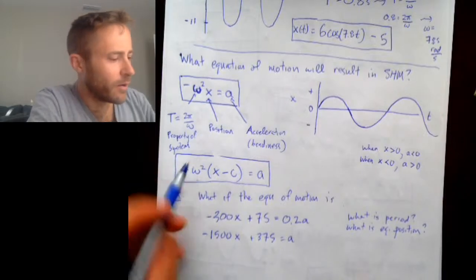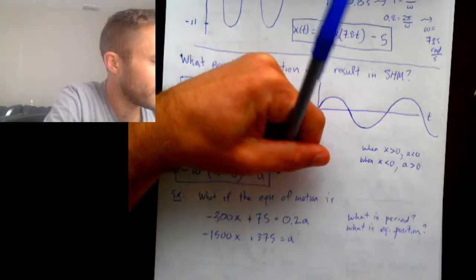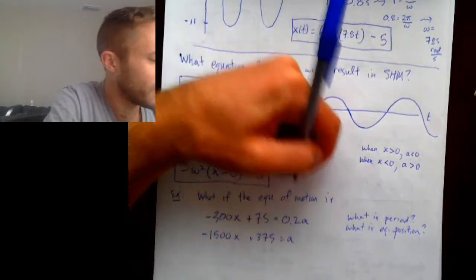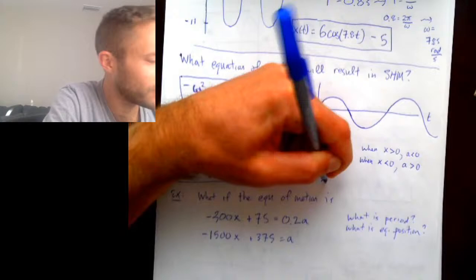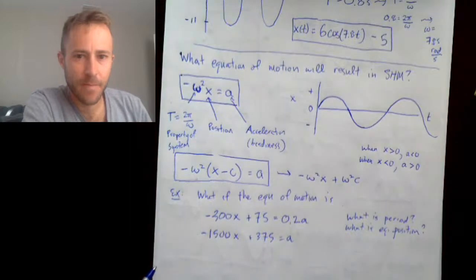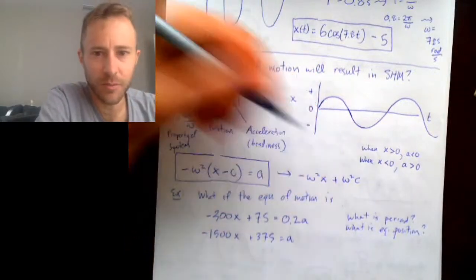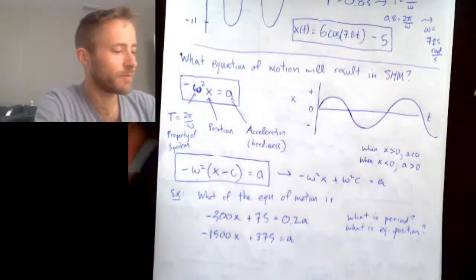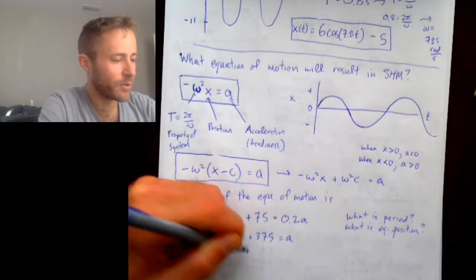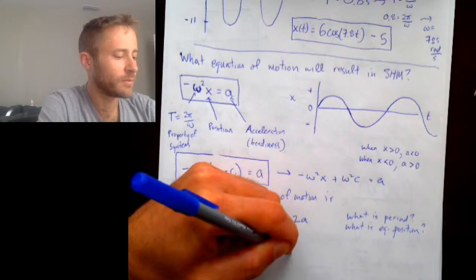Now, what would happen if I were to multiply out the left-hand side of this equation? If I multiply out negative omega squared times the quantity x minus c, I get negative omega squared x plus omega squared c. Negative times a negative equals a positive, so that's why this is positive, equals acceleration. So let's compare it. I have negative omega squared x plus omega squared c equals acceleration.